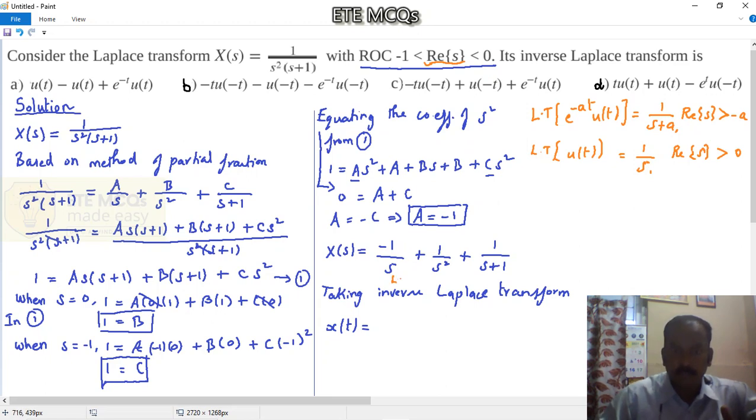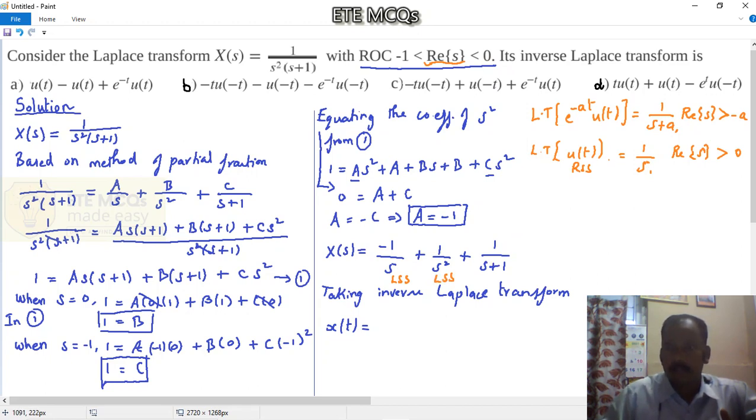Whereas this one corresponds to a right-sided sequence, so we cannot make use of this particular term. Whereas for the second one, 1 by s squared, since we have real part of s less than 0, this is also a left-sided sequence.